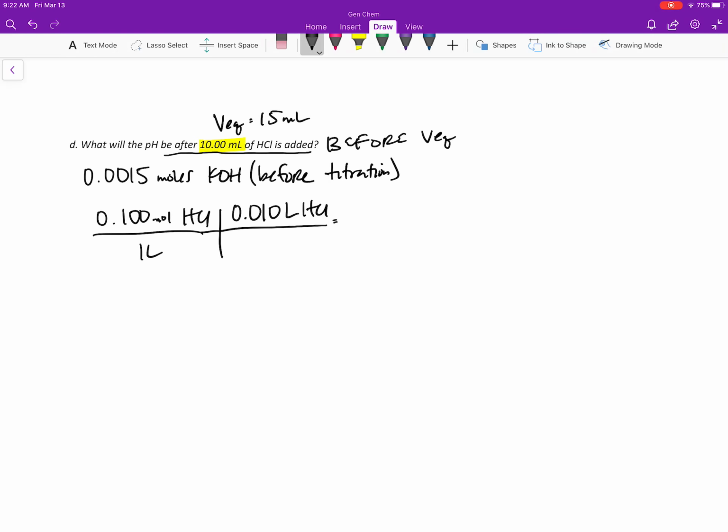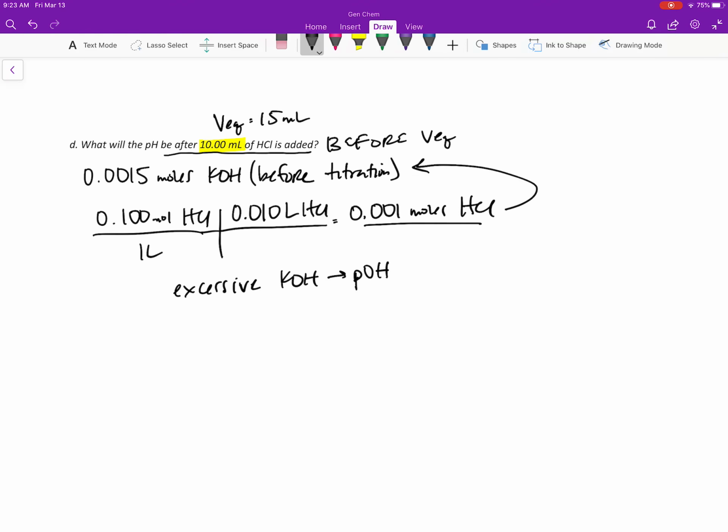So what this tells me is I've only added 0.001 moles of HCl. All of those moles of HCl are going to react with the KOH because I'm not at the equivalence point yet, meaning I'm still going to have excess base that contributes to the pOH, which then I can use to solve for pH.